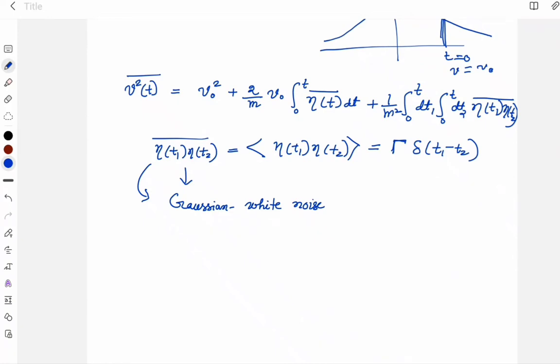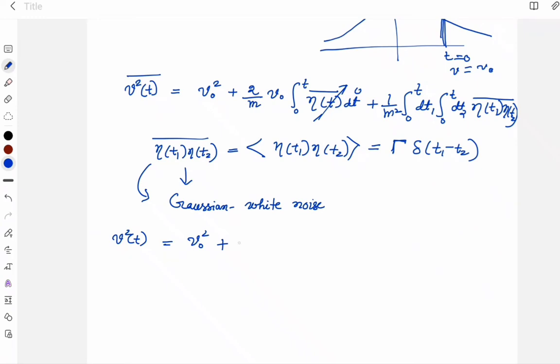Now let us put this back into the above equation. So v square of t is v0 square plus this part, which is 0, because the average of the noise over all realizations or initial conditions is actually 0. That is the noise, not the velocities; the velocity average we will do next.